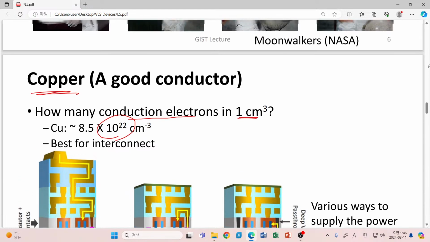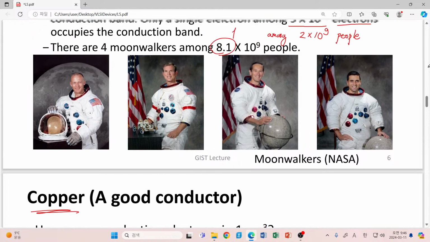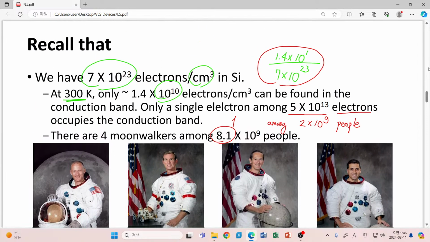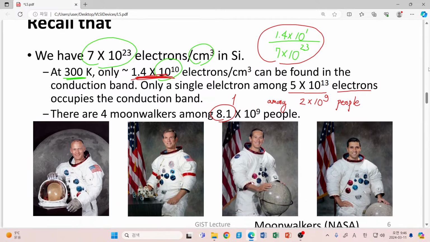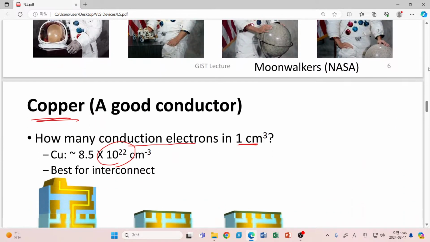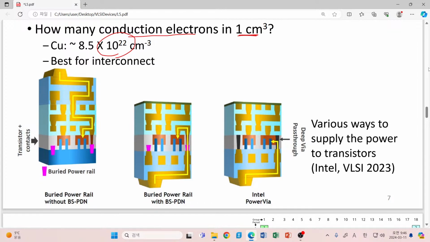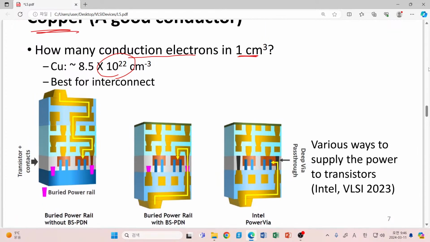So therefore, let's make a comparison of the conductance. Yes, for intrinsic silicon, we have just 10 to the 10 electrons, and in the case of copper, for the same volume, we have approximately 10 to the 12 times, or almost 10 to the 13 times more electrons which can conduct charge.